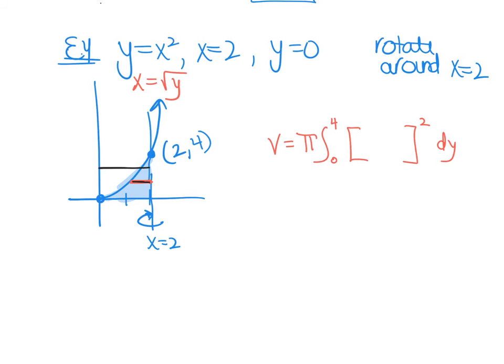So we want just the inside. So no matter where we draw our rectangle, we want just that, because that's going to be our radius. That's going to rotate around to get our disc. So if you think about this, from the vertical axis of x equals 2 to the y-axis, it's a length of 2.